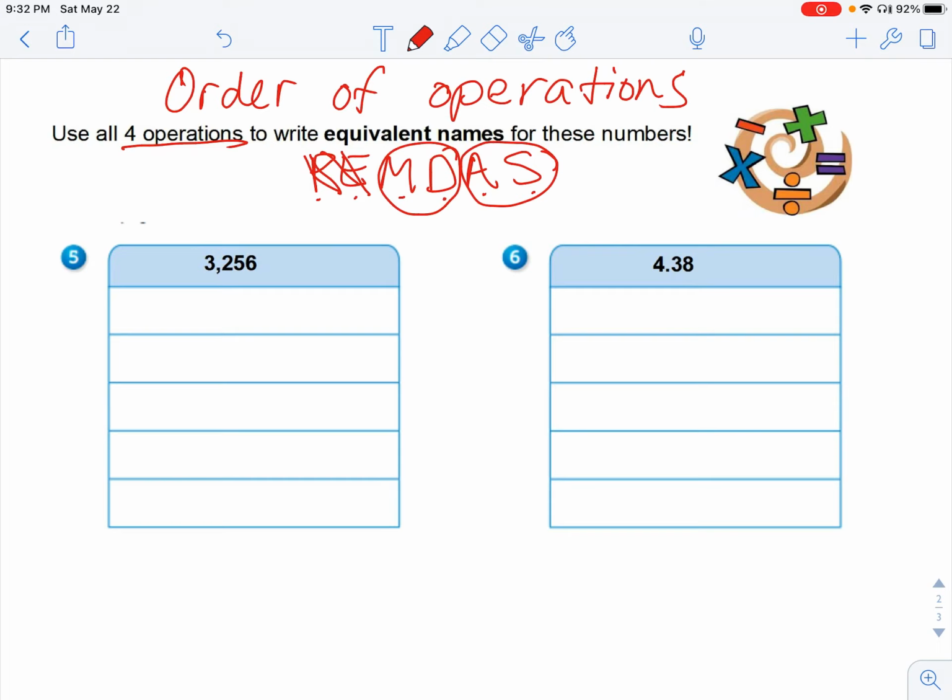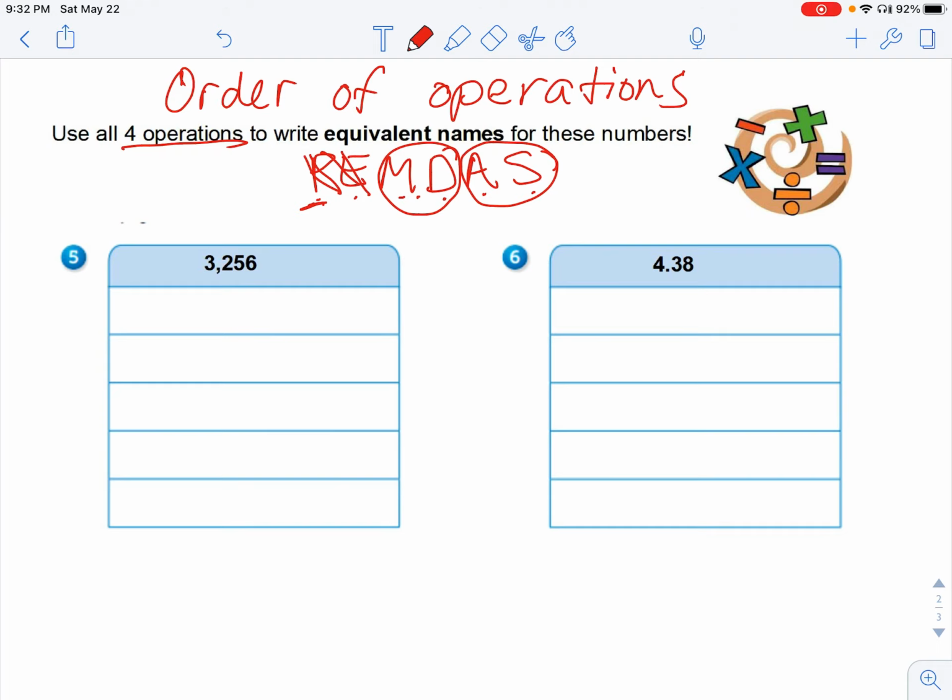If I write things out, I'm going to write my multiplication and division first because those come first. Now there's little tricks, you could write them later, but then you'd have to use parentheses if you want them to be done first. But again, for our purposes, we're just going to keep in mind that multiplication and division come first and addition, subtraction come after that.